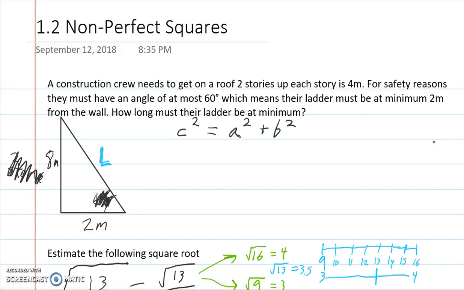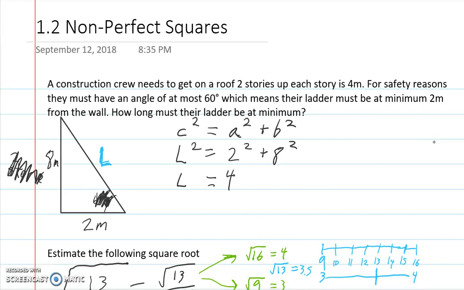Very important formula that we need to know. C squared is the hypotenuse. So in our case, L squared equals 2 squared plus 8 squared. It's really nice because L, the unknown, is all on one side already. We don't have to do too much to it.